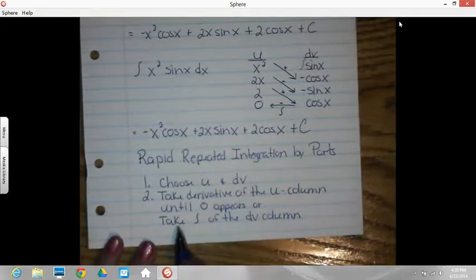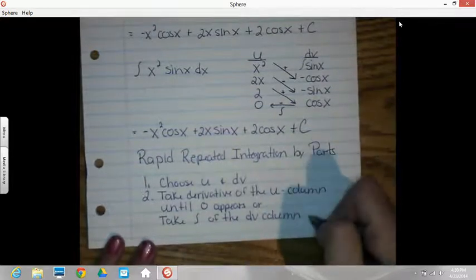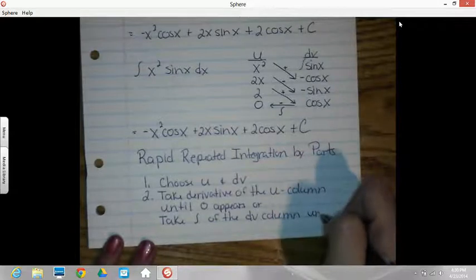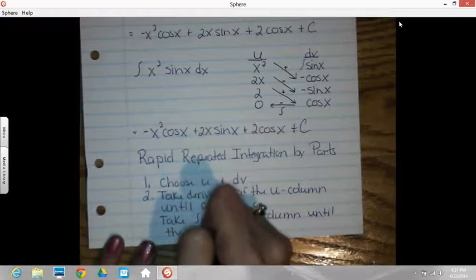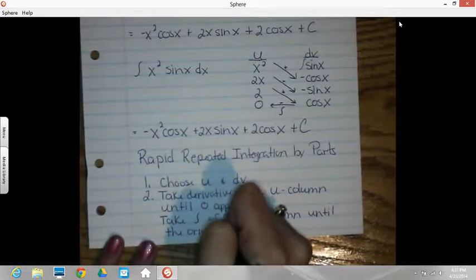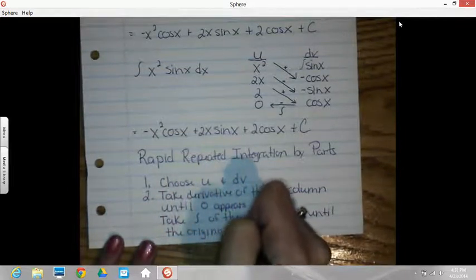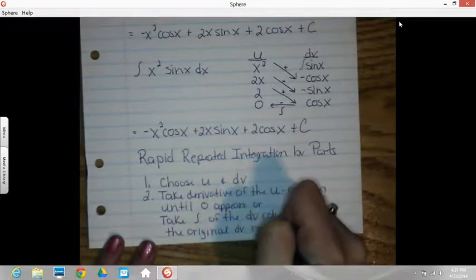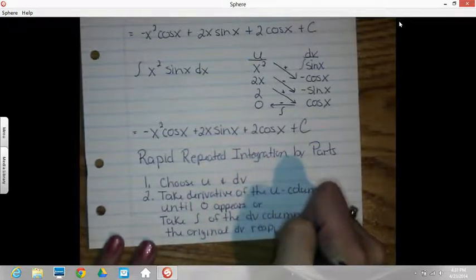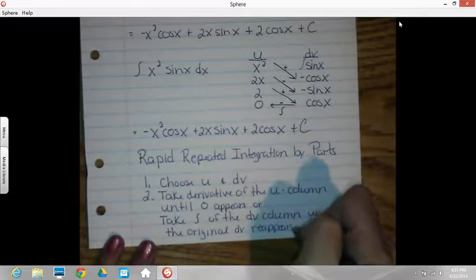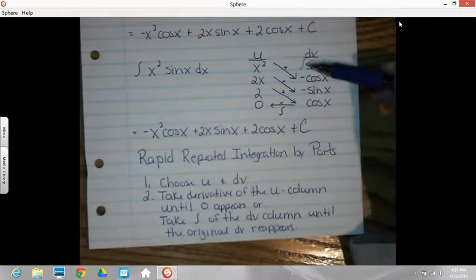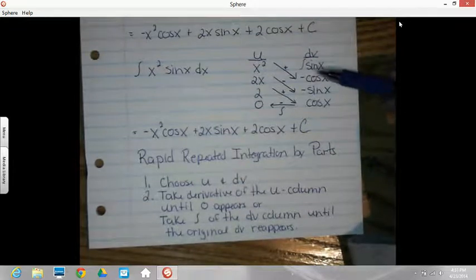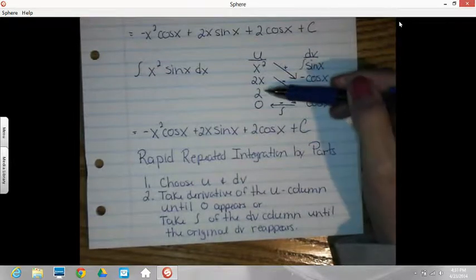So take the integral of the dv column until the original dv reappears. And we'll do one of these in a minute. Whichever one it is, if it's the 0 one, you just have to integrate as many times. If it's the do this until it reappears, you do this one as many times.